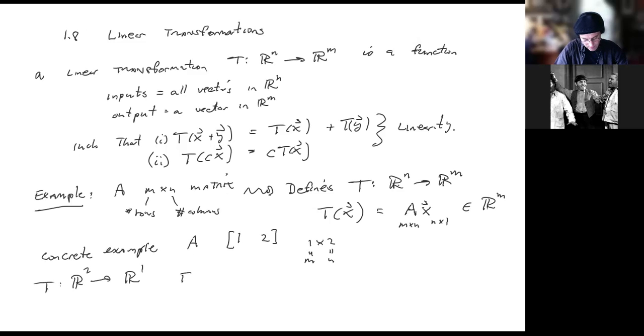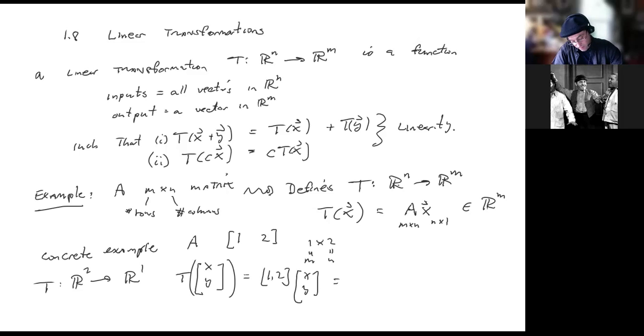And T of a two-dimensional vector, let's say xy, is going to be given by 1, 2 times xy, and we form the matrix product. That's going to be the dot product in this case. It's going to be 1 times x plus 2 times y, which is x plus 2y.